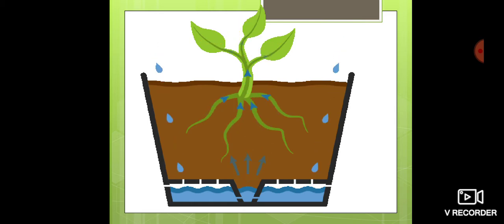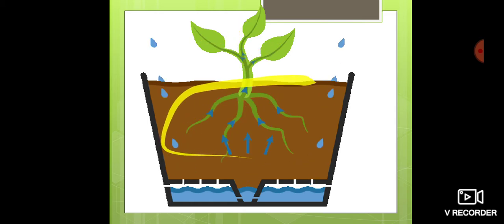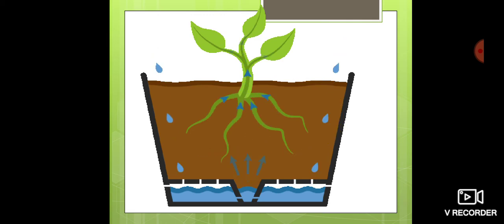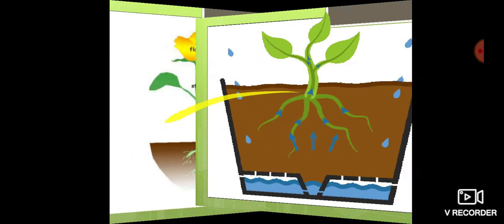The mission of the roots is to absorb the water from the soil and deliver it to the stem, and the stem is like a tube which delivers the water to the leaves. Again, the mission or the job, the importance of any root for any plant.